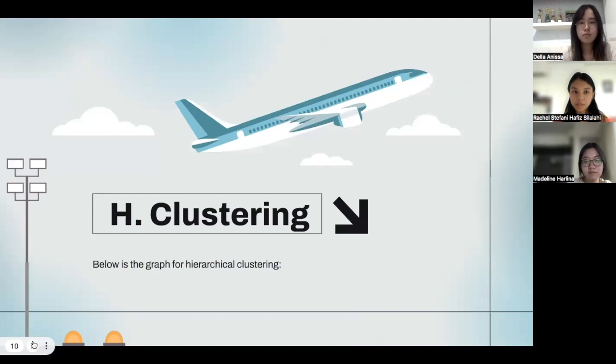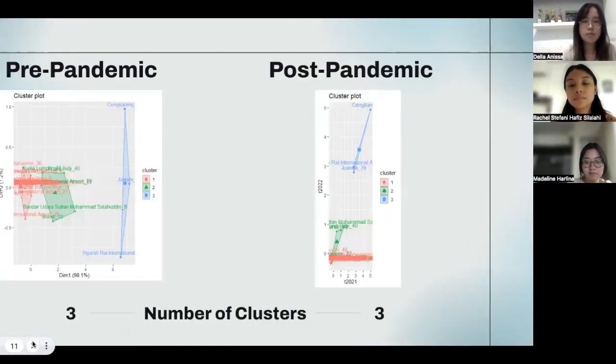And next, I'm going to explain the clustering of hierarchical. And this one is our result in the pre-pandemic. As we can see, in the pre-pandemic, there are 3 clusters, in which the blue one has the highest flight numbers to Lombok, which includes Cengkareng, Juanda, and also Ngurah Rai.